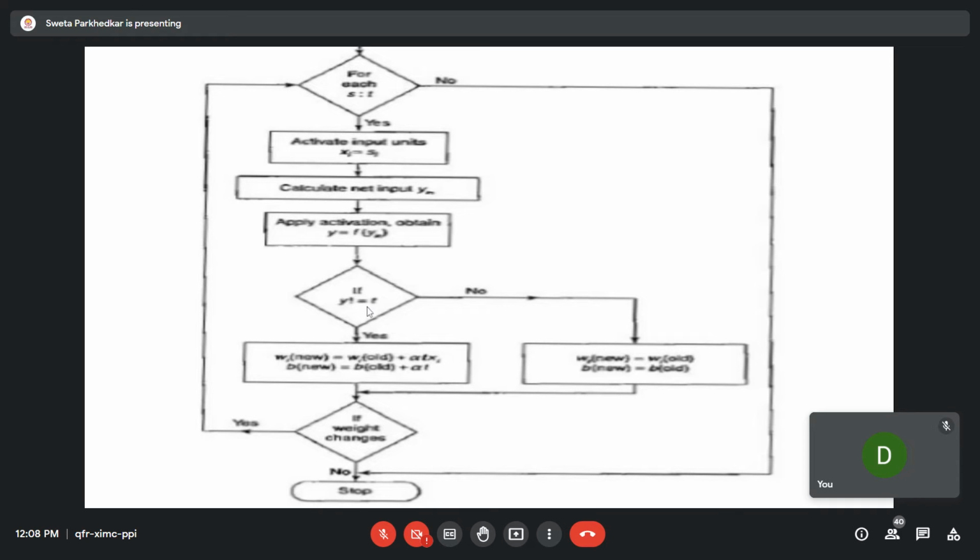Okay. And if this condition is not satisfied, it will go to this block, that is, the new weight will be equal to the old weight, and the new bias will be equal to the old bias.